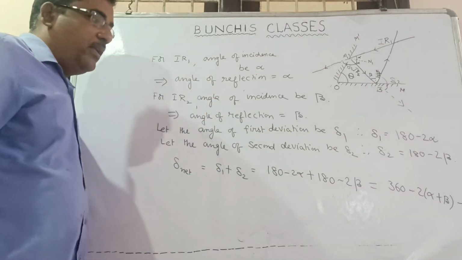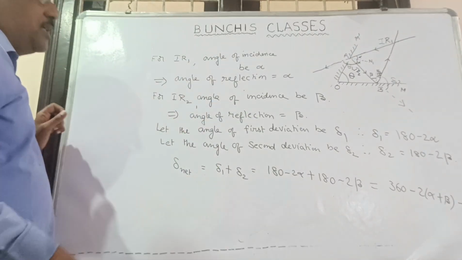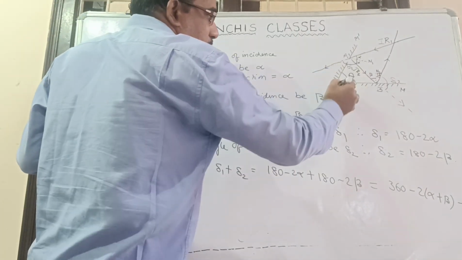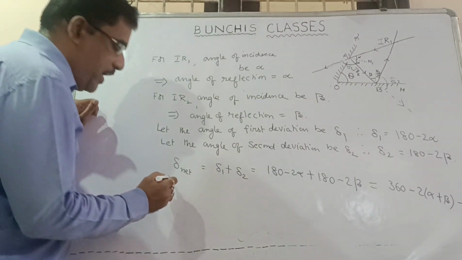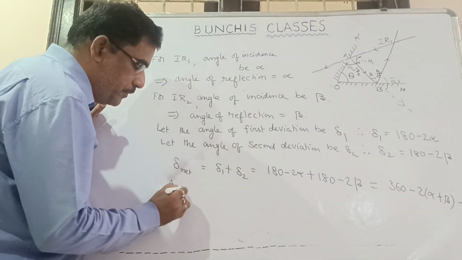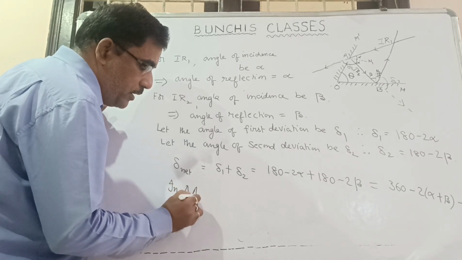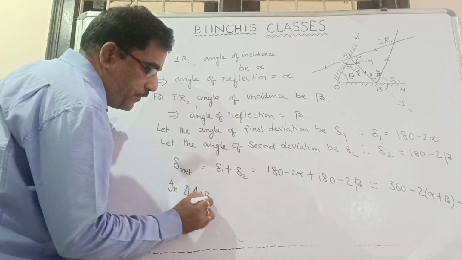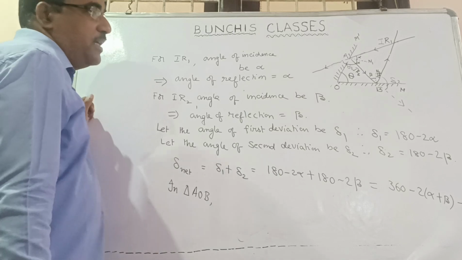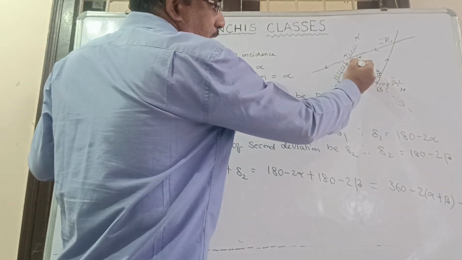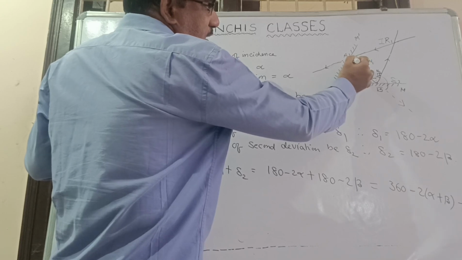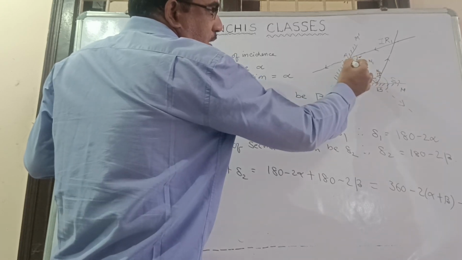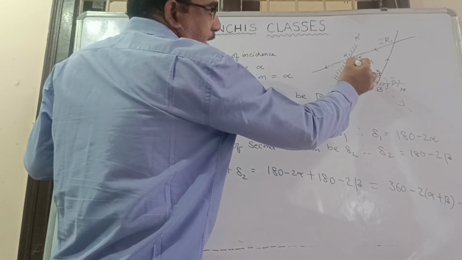Okay, remember that. Now let us come to triangle AOB. Let us see, what is this angle? Actually, this is the mirror. This is normal to the mirror, so this total angle is 90.